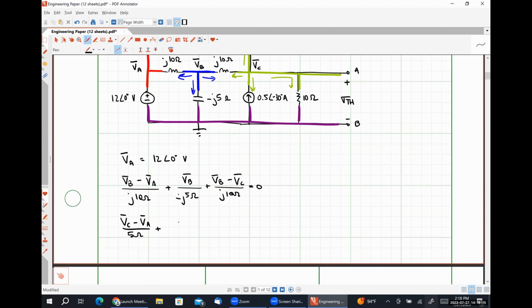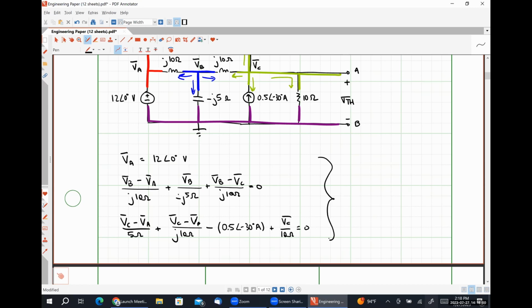That's going to look like VC minus VB over J10. My current directed down is going to be negative, the current being supplied by that source. So negative 0.5 angle negative 30 degrees amps. And then lastly, I have my current directed down through the 10 ohm resistor. So that's just going to look like VC over 10 ohms. I'm going to set this equal to 0.